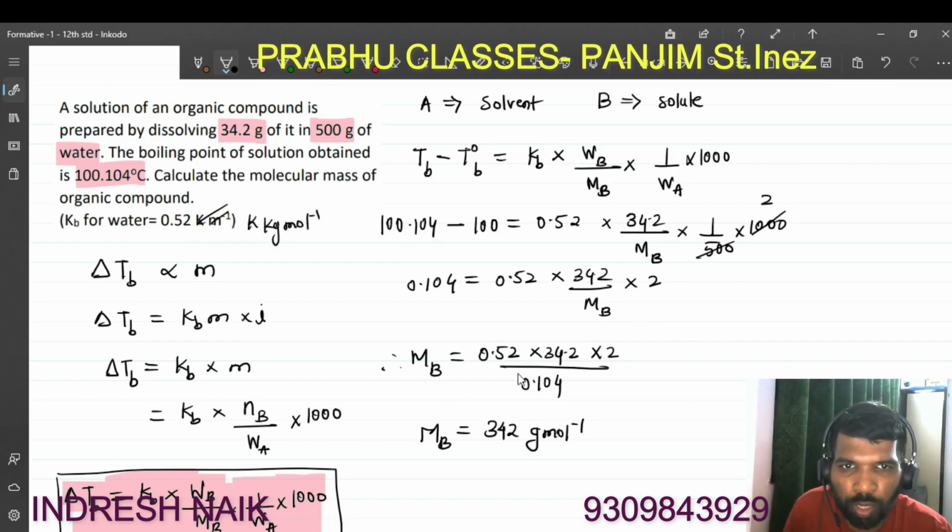Molar mass is asked, so the unit is grams per mole. This is what we know, so we have written it this way. But actually, let's calculate it from here only. We are focusing on the units.